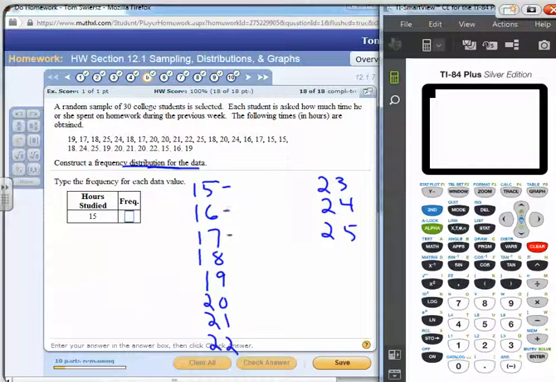Okay, and now we're just going to keep track of how many on each one.